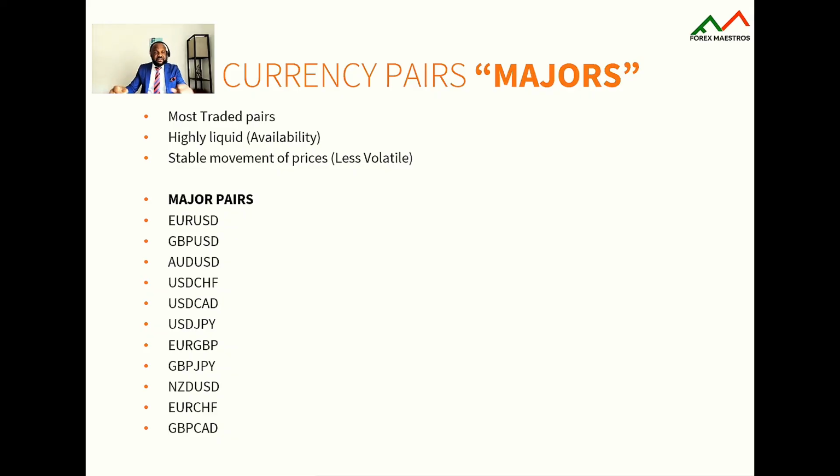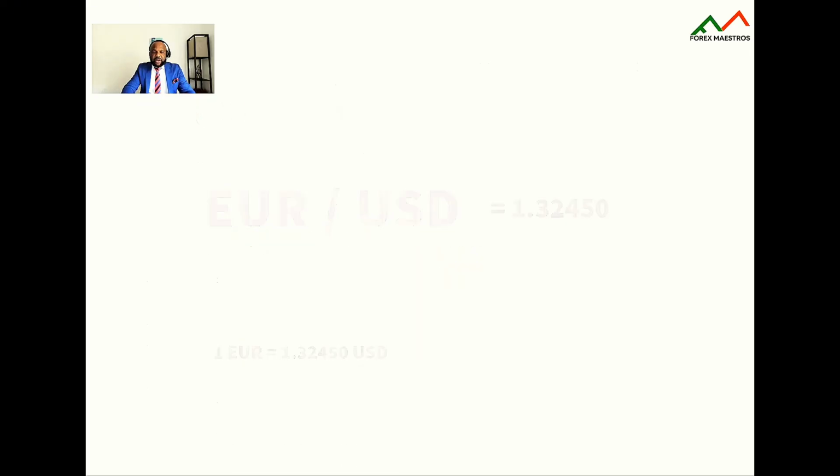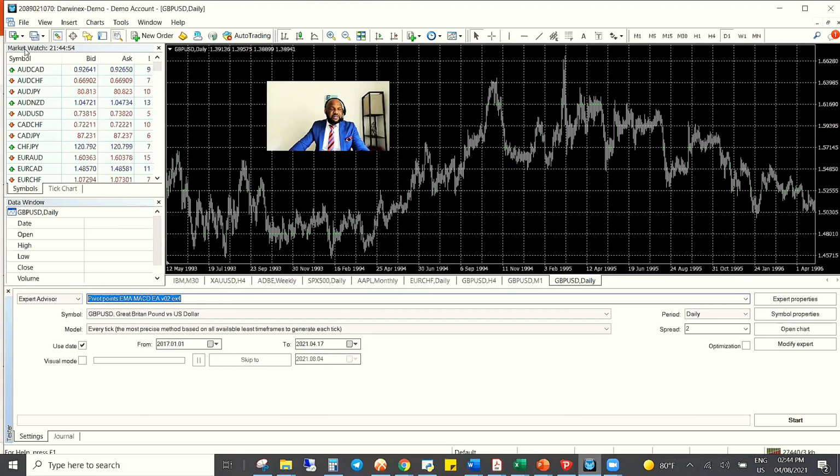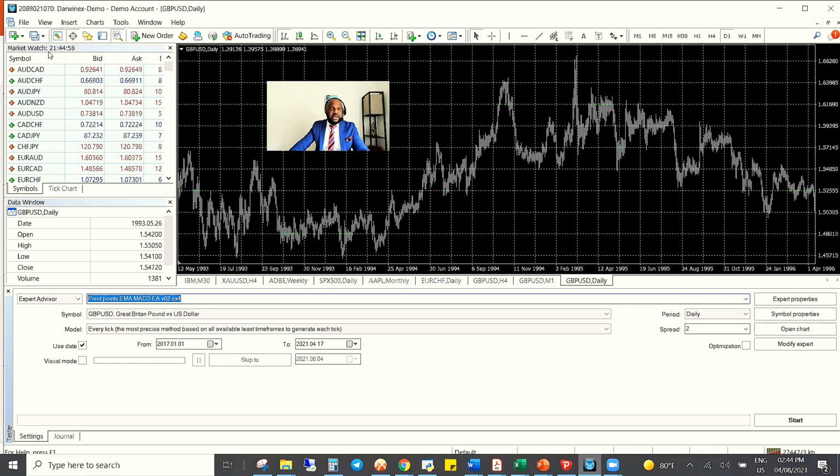controlling the availability. We've dealt with quotes, how to read a quote, bid and ask. So bid and ask is simply a terminology used for buying price and selling price. Let me explain this to you. If you look at this market watch, you have it on your phone, you have it on your laptop. The market watch will show you the symbol, the asset classes, all of them are there.